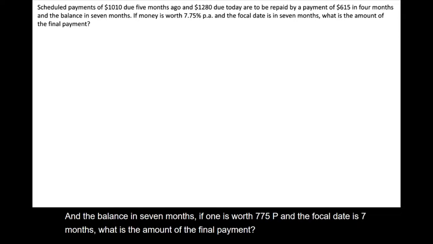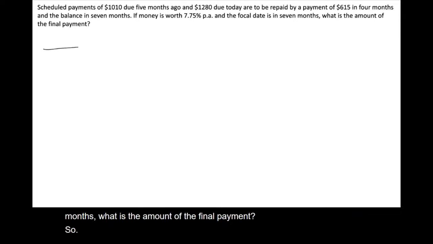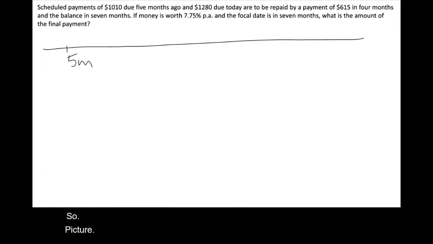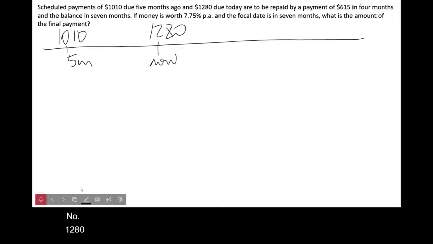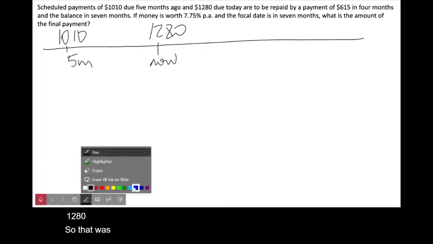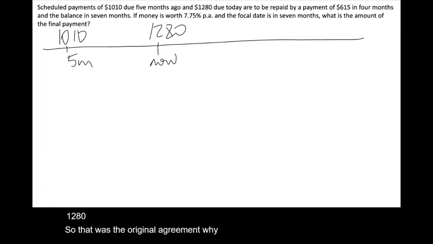Okay, so picture: 5 months ago 1010, now 1280. So that was the original agreement. Why are we changing that? Probably because we never received any payments.